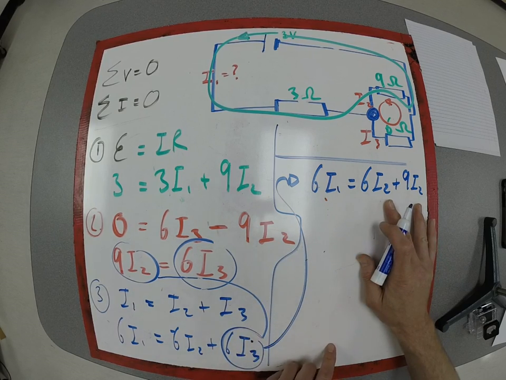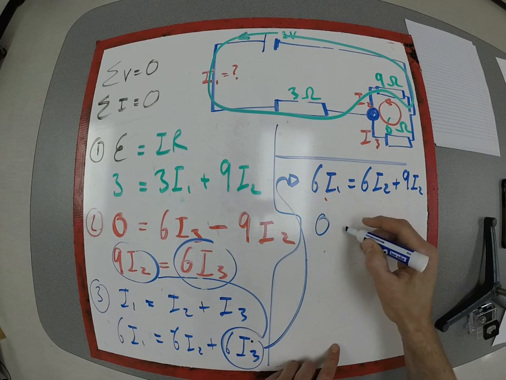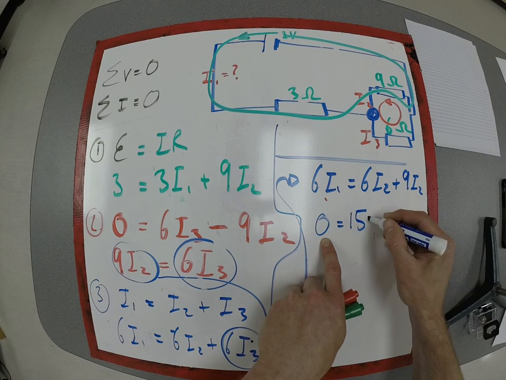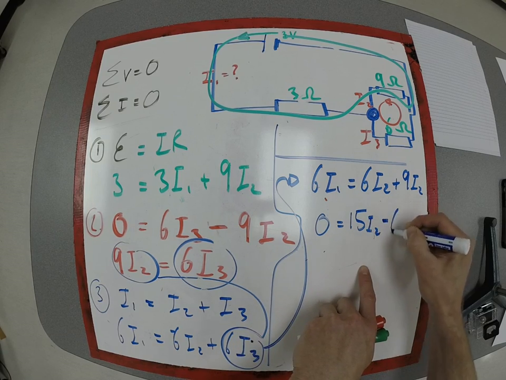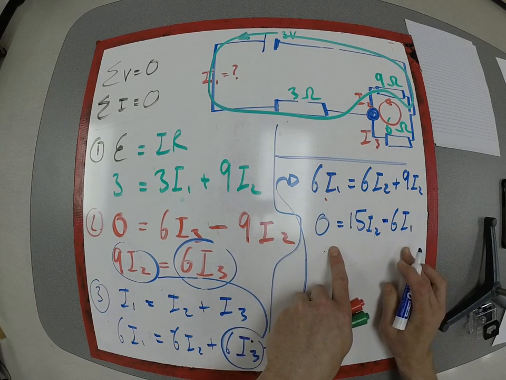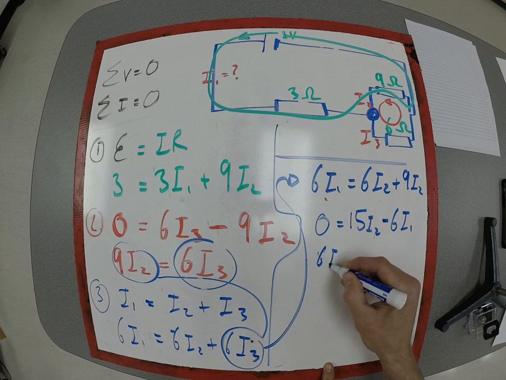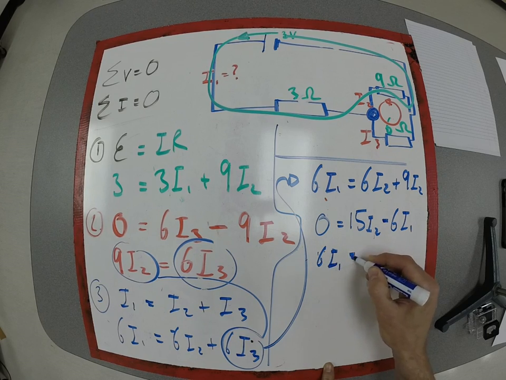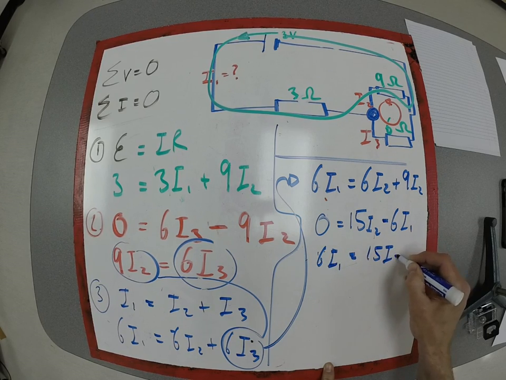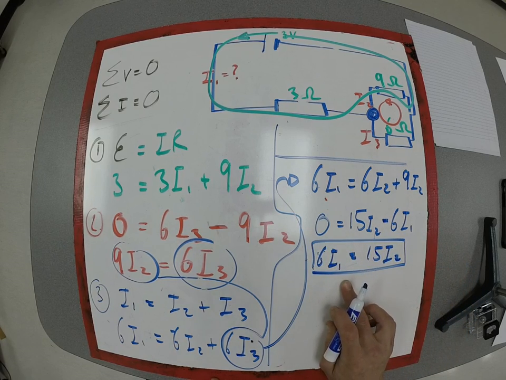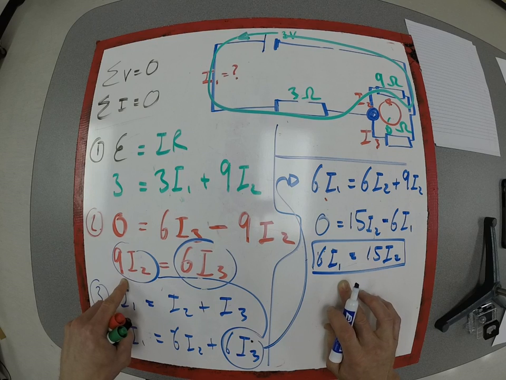Rearranging, if we go to 0, moving both sides, we end up with 15I2 minus 6I1. So I'm just simplifying this down. And this, of course, is giving me my ratio. This is going to tell me that 6I1 is equal to 15I2. Nice. So there's a ratio. I've got myself a ratio here.